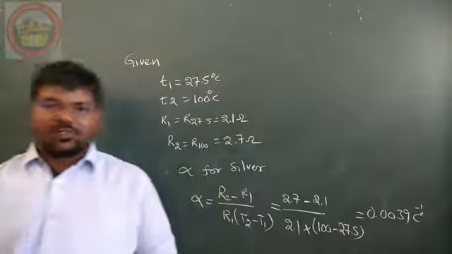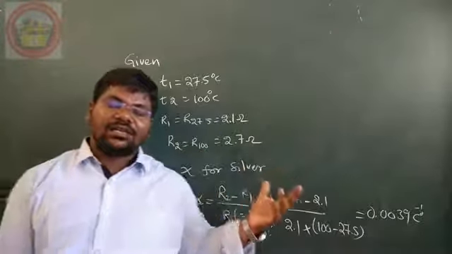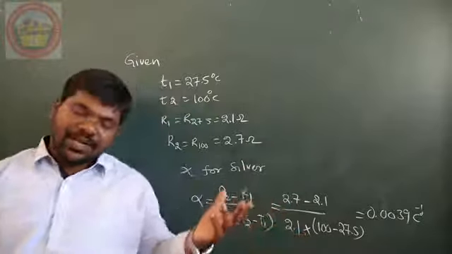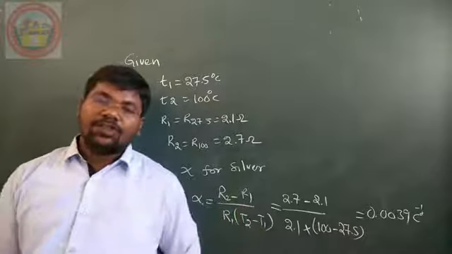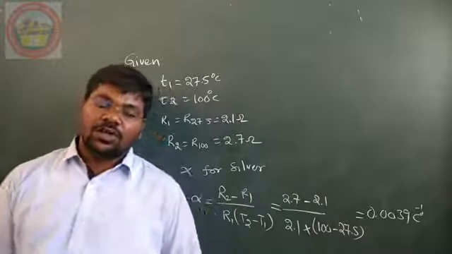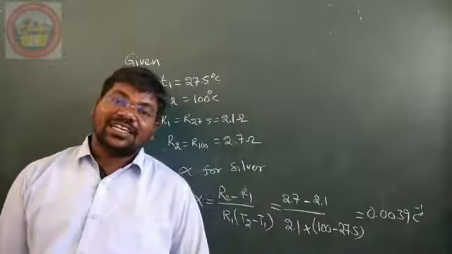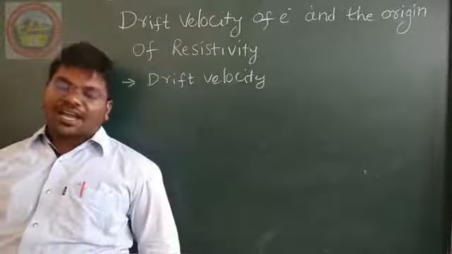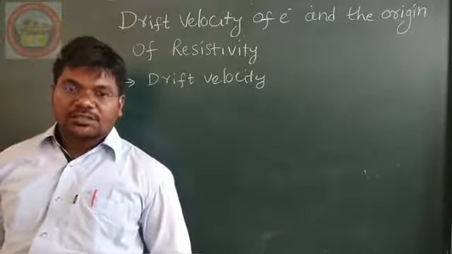So the final answer: the temperature coefficient of resistance for silver is 0.0039 centigrade inverse.